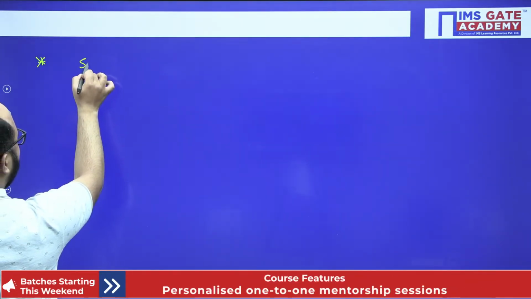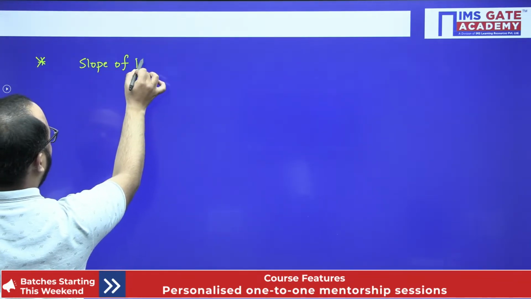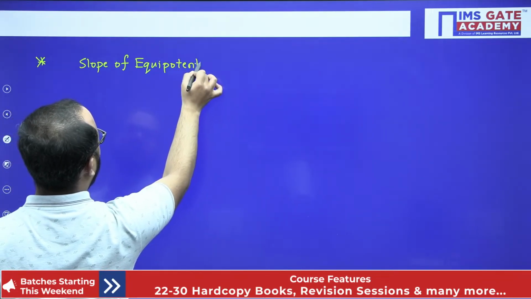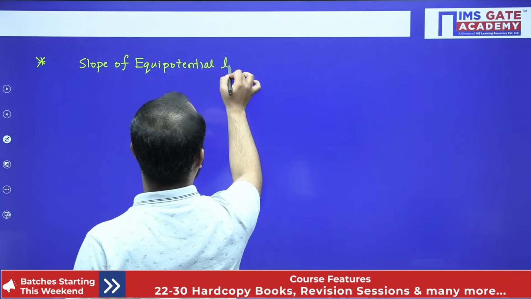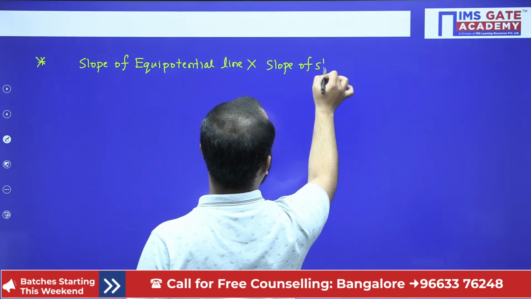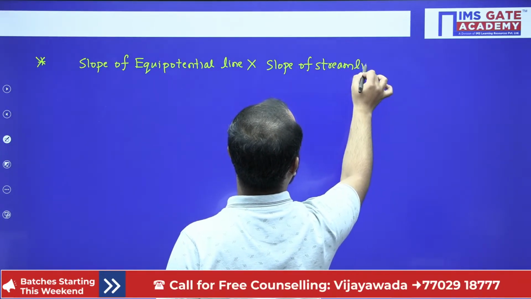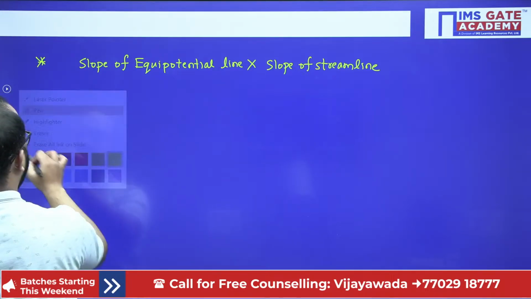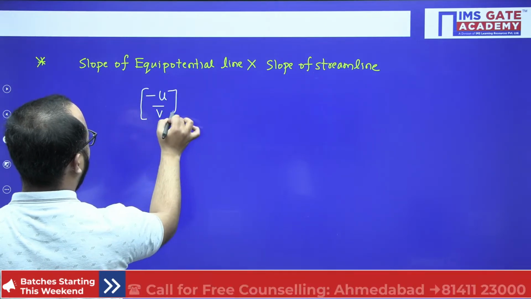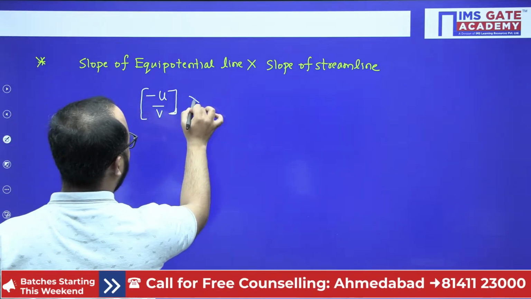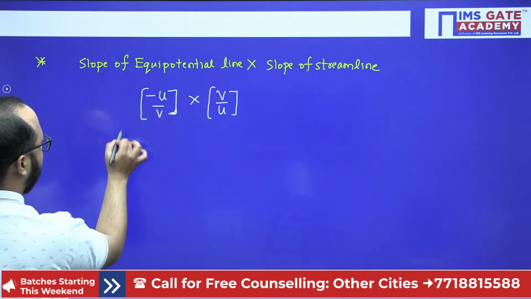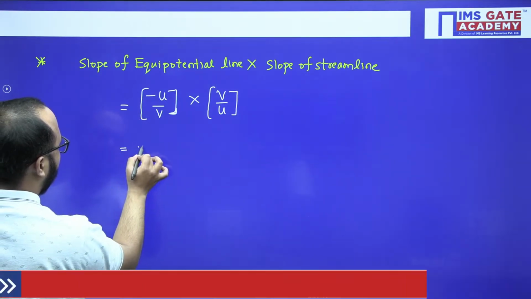So let's suppose slope of the equipotential line multiplied by slope of the streamline. Now see, minus u by v multiplied by v by u. So what will you get? -1.